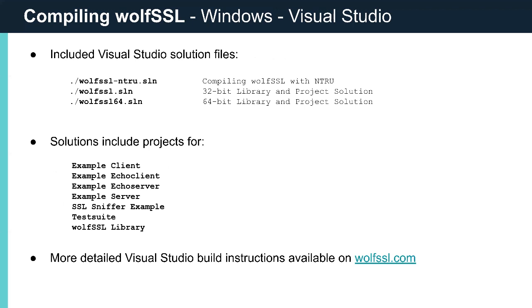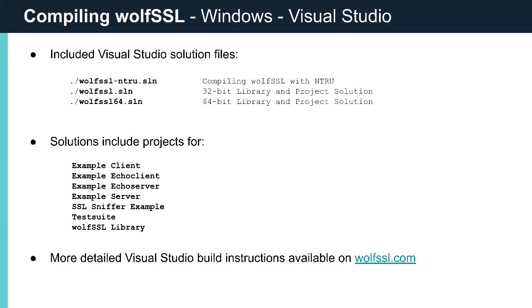I mentioned we have some Visual Studio solution files if you're on Windows. The first one there is a little bit older. It's wolfssl-ntru, which originally was using the NTRU post-quantum algorithm, which we've had support for a number of years, really before the big migration to post-quantum and the activity around that started.